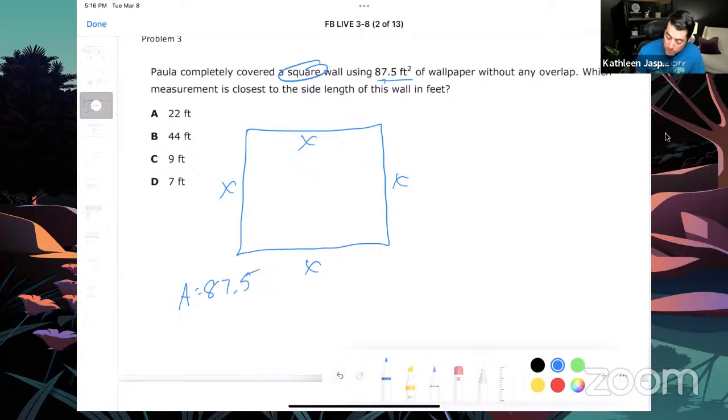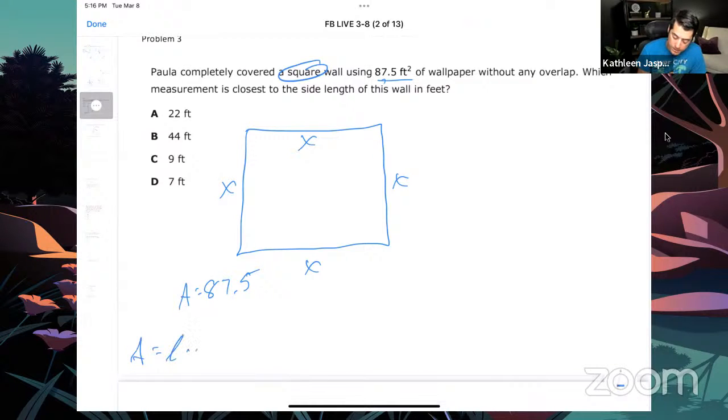So what do we do for area? Area is equal to length times width, or base times height. So I can do x times x equals 87.5. X times x is x squared, not 2x, is equal to 87.5.